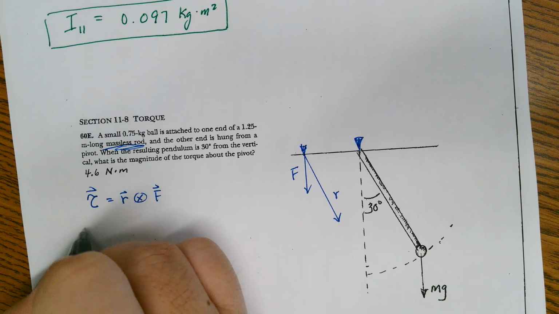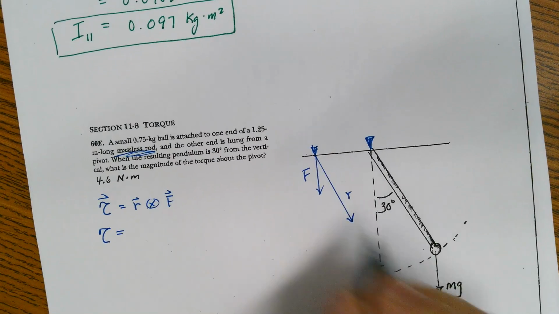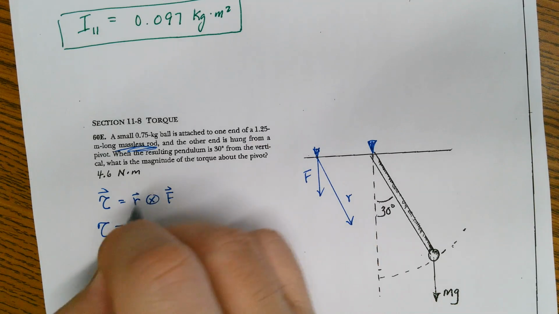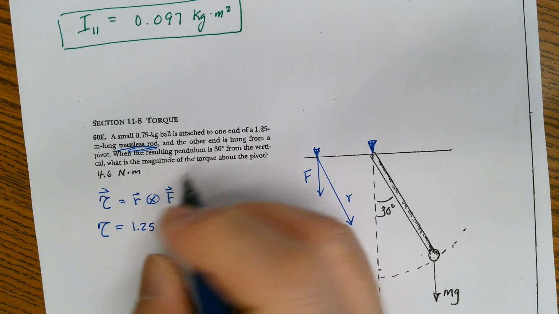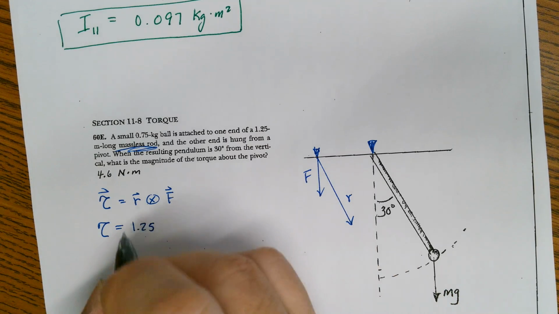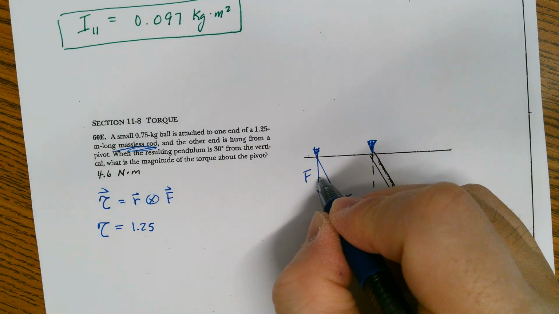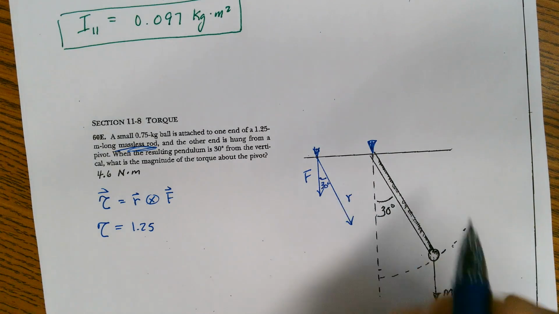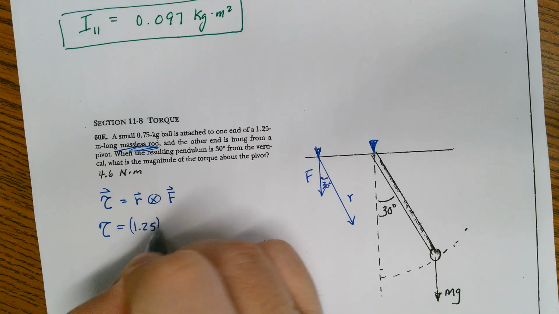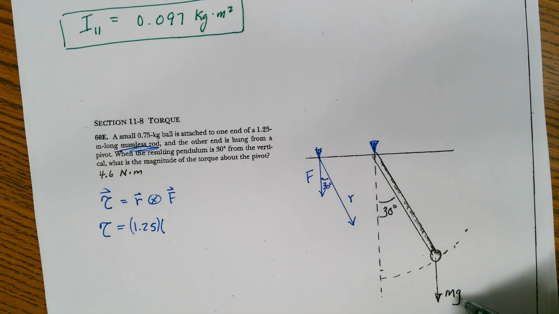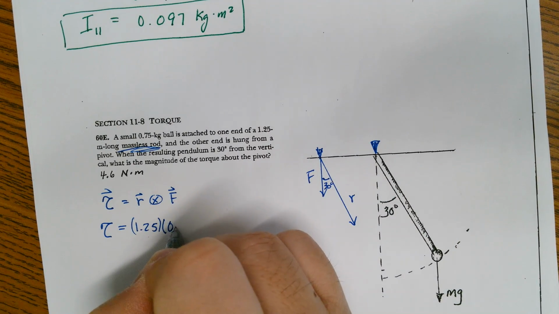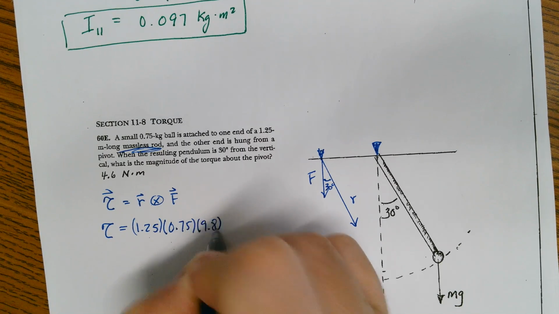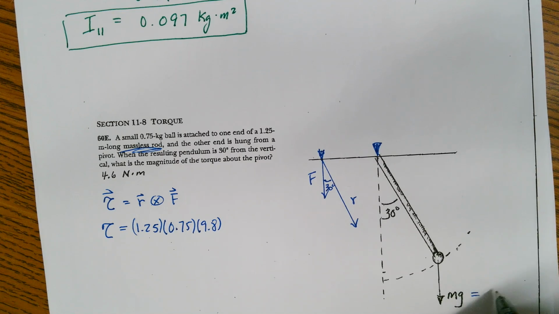My torque is equal to R cross F. What's my R? 1.25, and this angle is 30 degrees. So 1.25 times the force, which is 0.75 times 9.8.